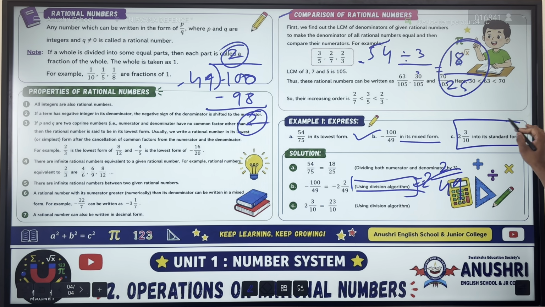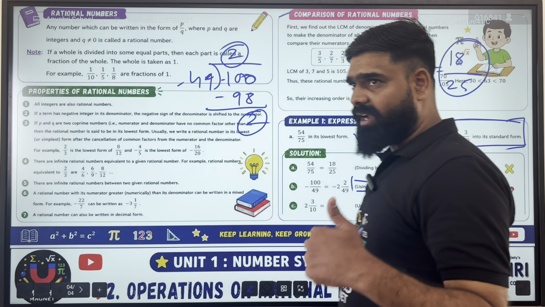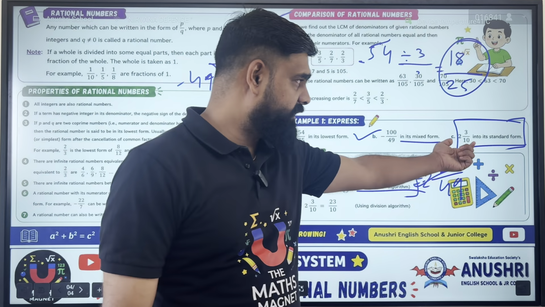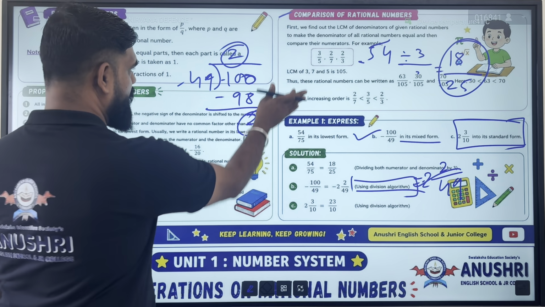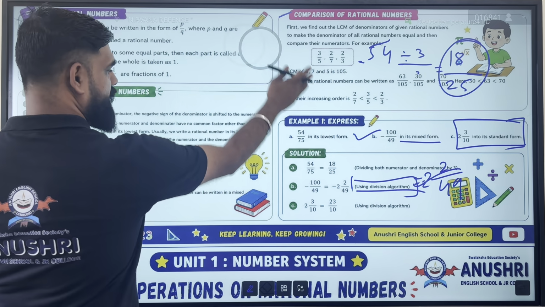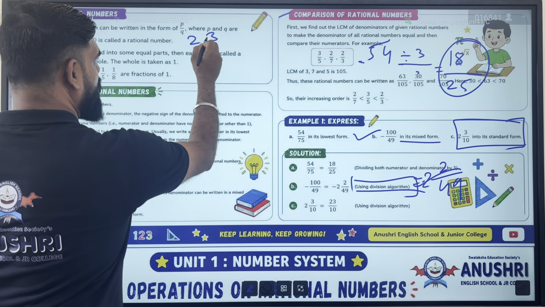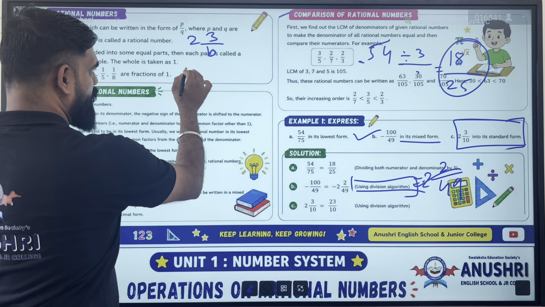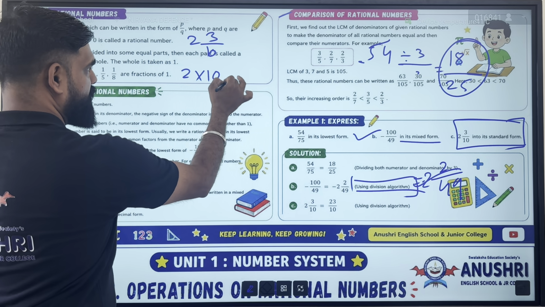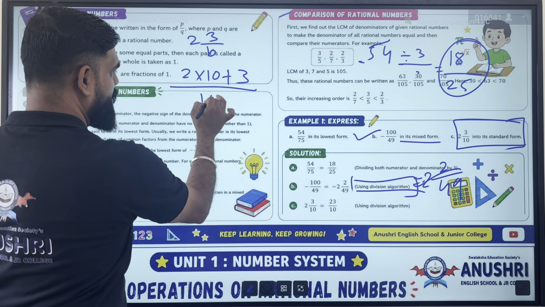And we have the mixed form in the third example, 2 3 by 10. Okay, so we have to write this in the standard form. Okay, so how to write that? Let us understand. So 2 3 by 10. Multiply this 2 into 10 plus 3 and write this denominator as it is.